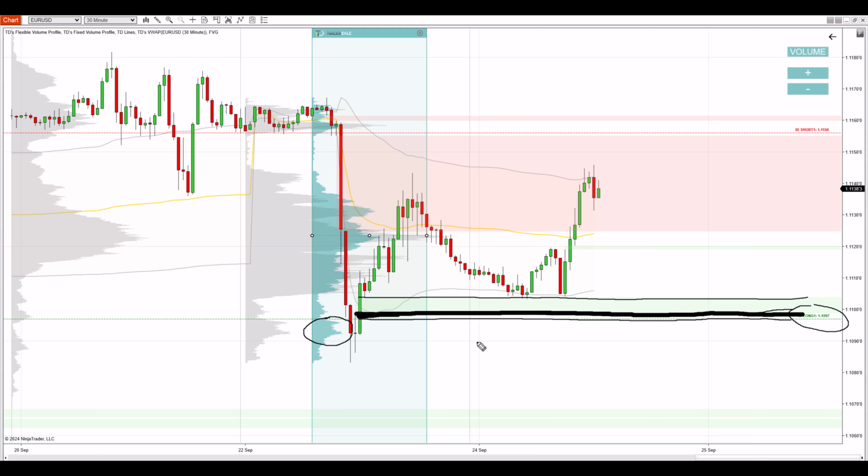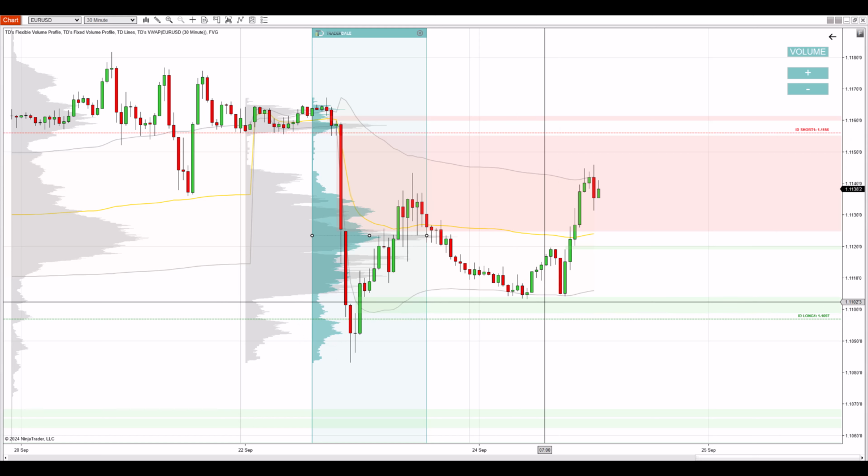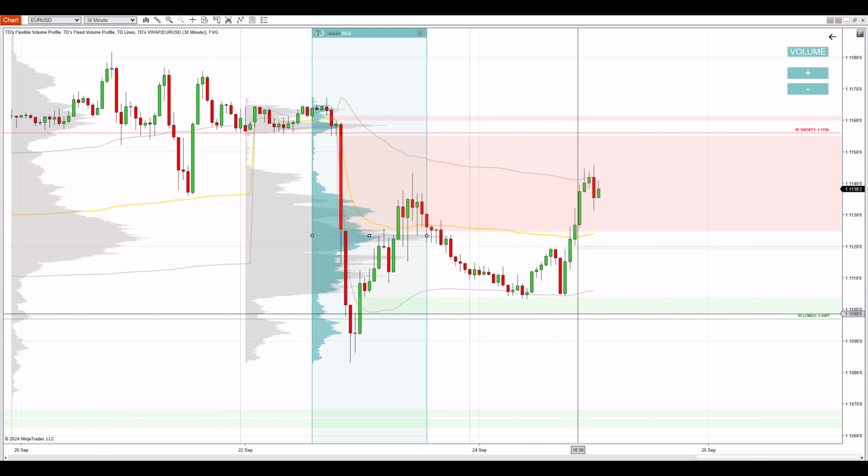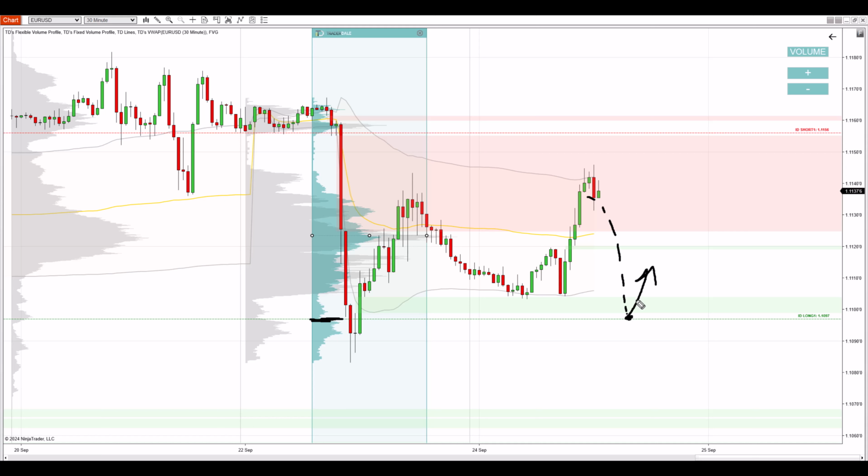As you can see, it very nicely aligns with the volume profile setup. My level is just a couple of pips below that fair value gap, because if the price comes here, I think that it will want to at least touch those heavy volumes here, so that's why I placed the level a little bit lower. So that's my long level. I expect the price to react from there and go upwards.